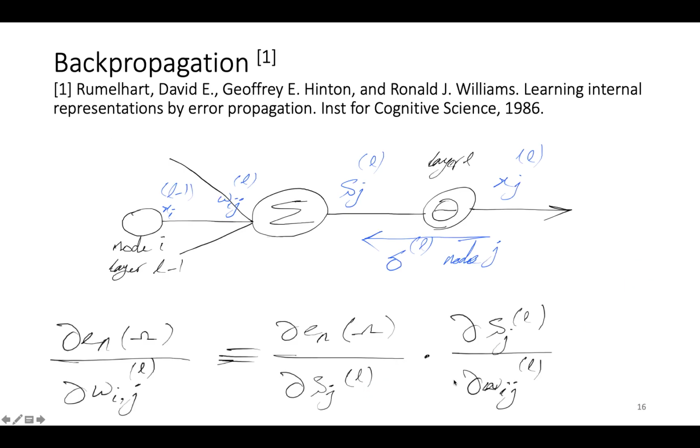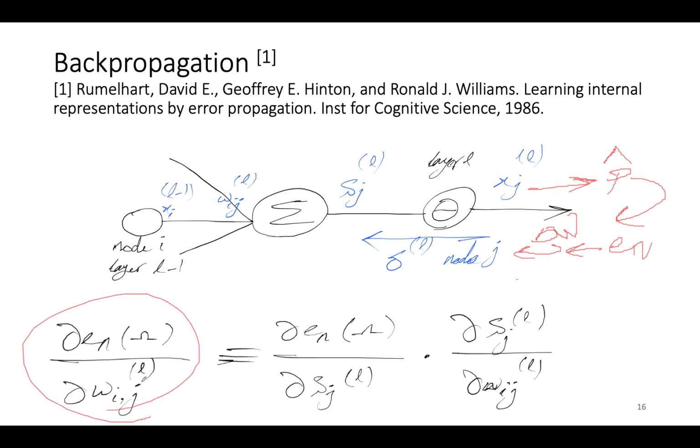Let me just show you this figure here. So that's your predicted output. You find a loss, you find delta W, and you need to compute this partial.